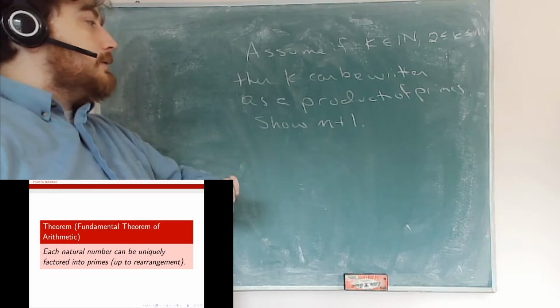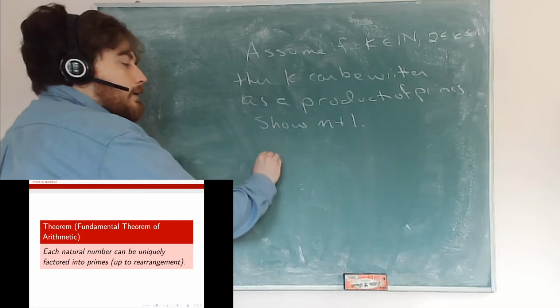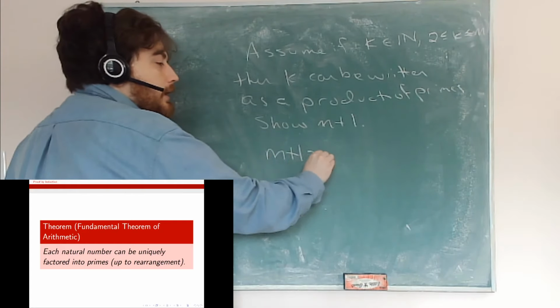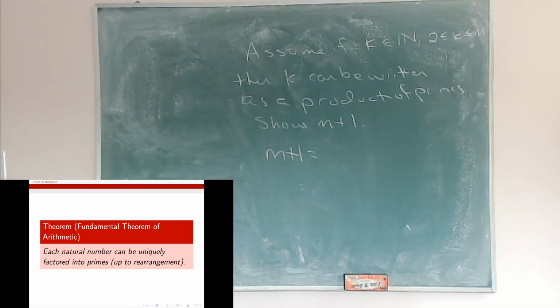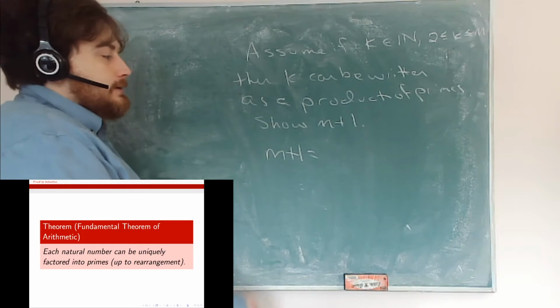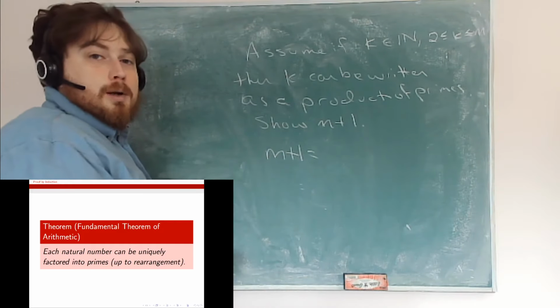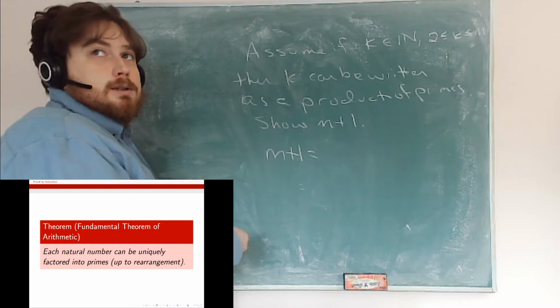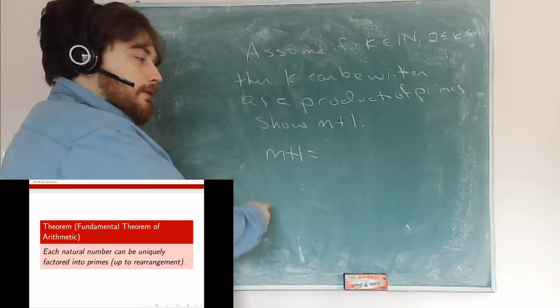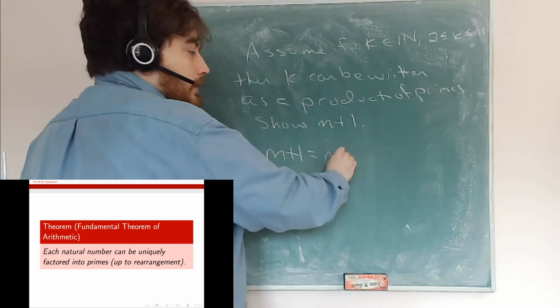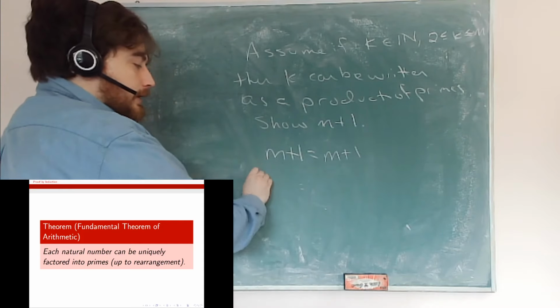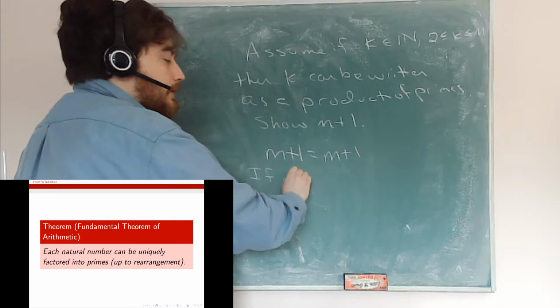Now, let's actually look at this. I'm going to take m plus 1, and I'm going to try to factor it so that all I have are primes in the terms. Well, what could happen is m plus 1 could be prime. Because this is a natural number, it could be prime. If m plus 1 is prime, then we're done.